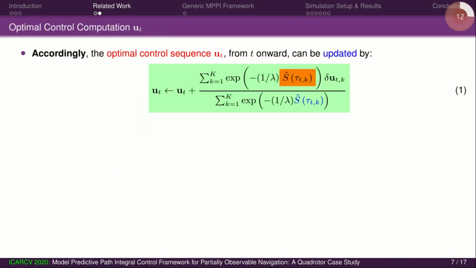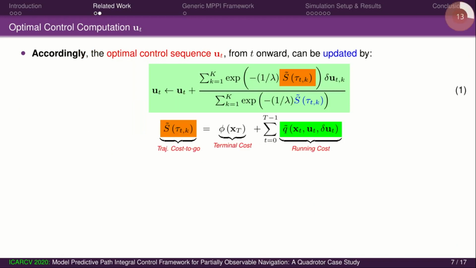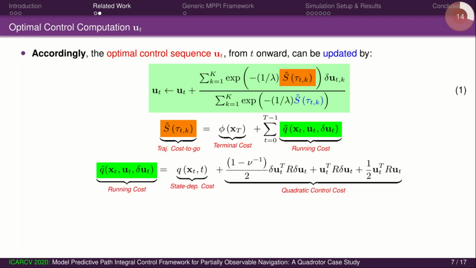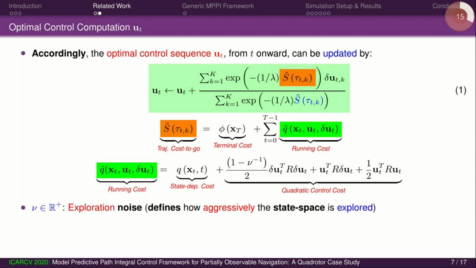This optimal control sequence can be updated using this equation, where the cost to go of each trajectory equals the terminal cost and the running cost, while this running cost is equivalent to the state-dependent cost and the quadratic control cost, where nu refers to the exploration noise, which defines how aggressively the state space is explored.